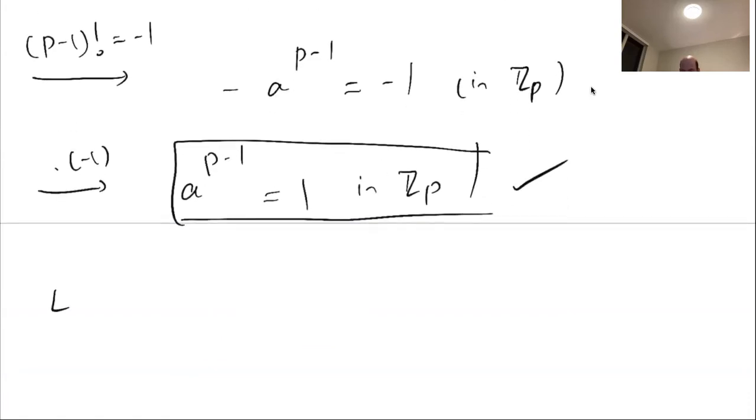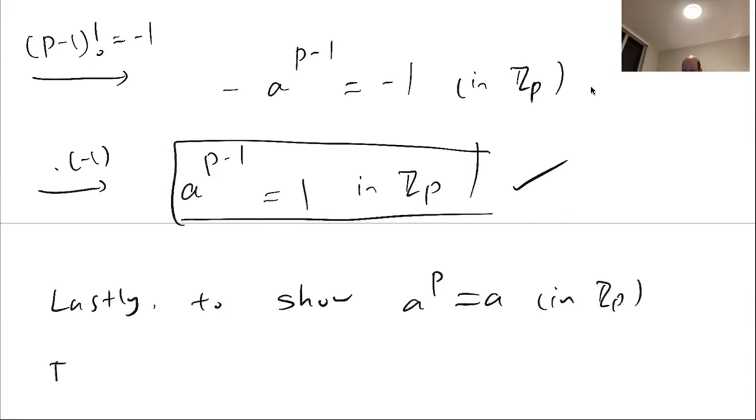And lastly, to show a to power p equals a, again in ZP, for every a in ZP, because remember Fermat's little theorem had two parts.